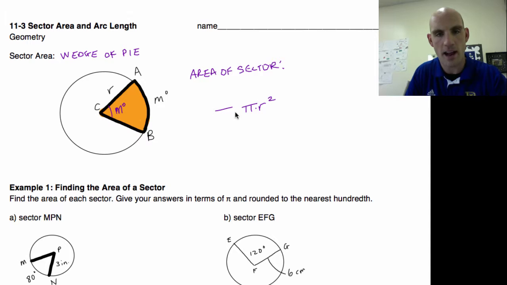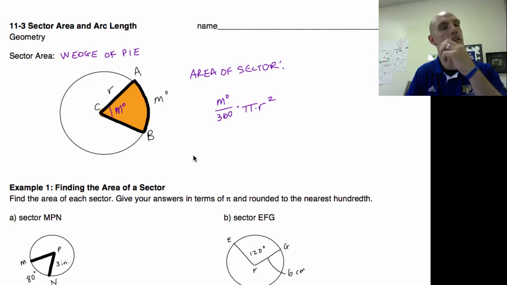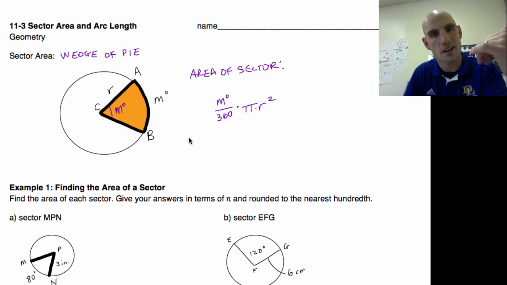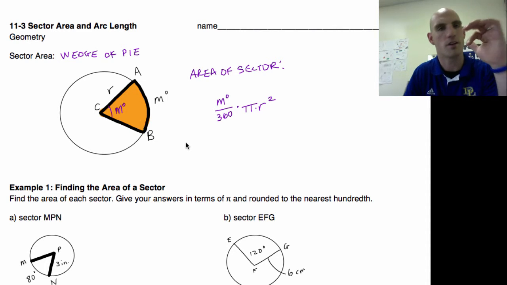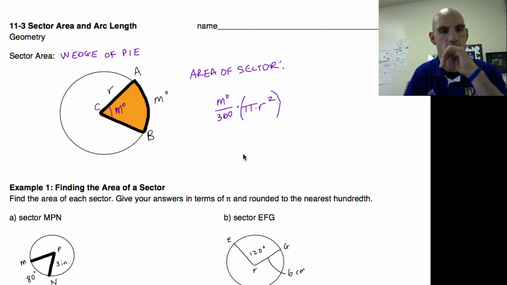So we have a fraction of the entire circle, represented by the number of degrees in the sector over 360. That portion gives us a percent or a decimal or a fraction of the whole circle, and we multiply that times the area of the entire circle.